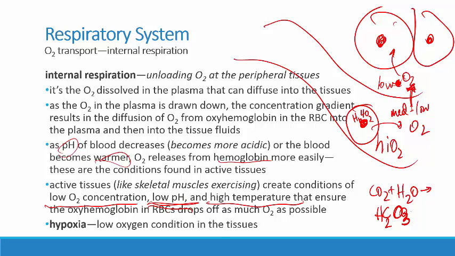It's a nice little adaptive feature that the conditions of using tissues and using up oxygen also help to get the oxygen off of the hemoglobin molecules as the blood's passing through those regions of higher activity. And then we've got a term, hypoxia: low oxygen levels in the tissue is hypoxia.